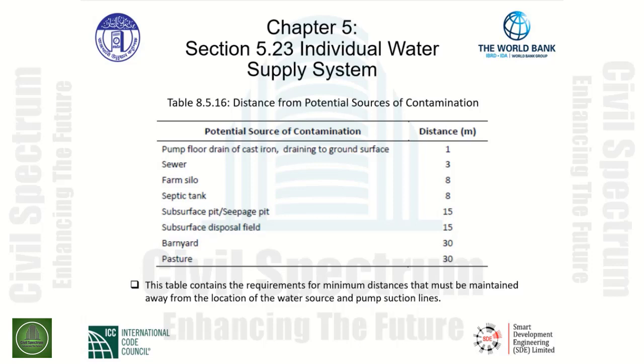In the far column, there is a minimum distance that's indicated from the potential source of contamination to the water source and pump suction line. So this table contains the requirements, again, for minimum distances that must be maintained away from the location of the water source and any pump suction lines.